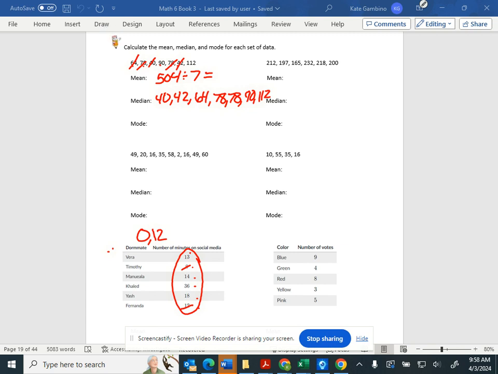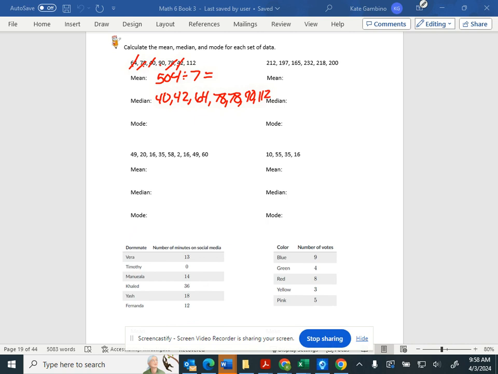Any other questions? Madison? On the one right next to that one, how do you find the mode for that one? Because there's not. Is there always a mode, Madison? No. So if all the numbers have the exact same amount, what should I write?